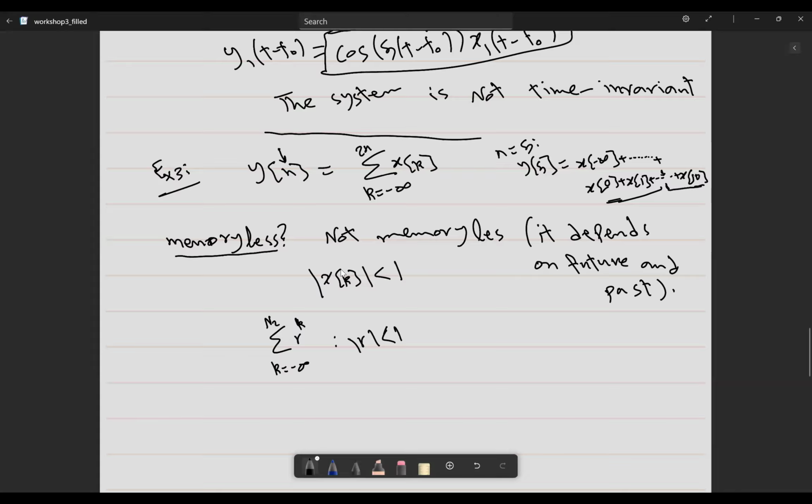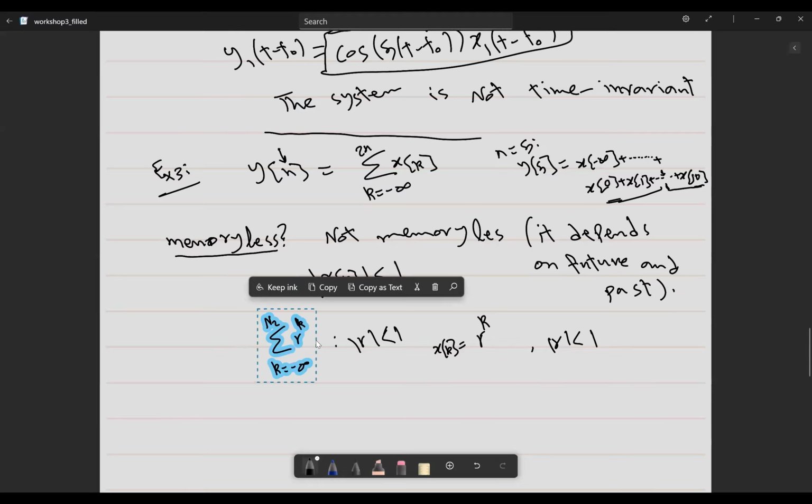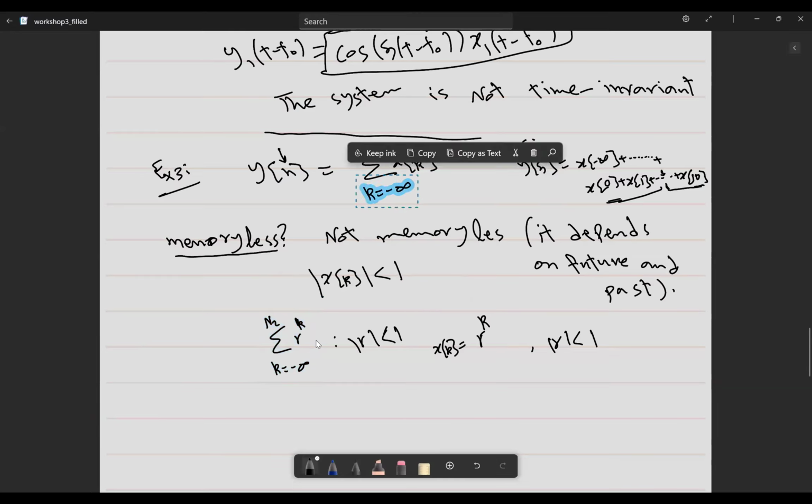Because this xk can be written as r to the power k. And if r is bounded, then this will converge. It will become a geometric series, right? And it will converge.